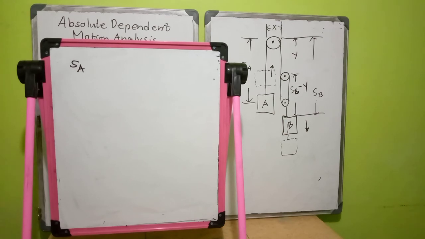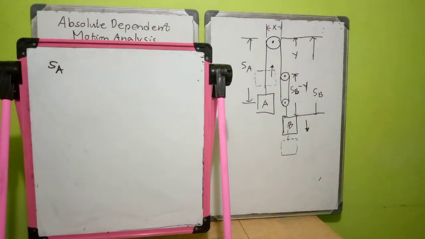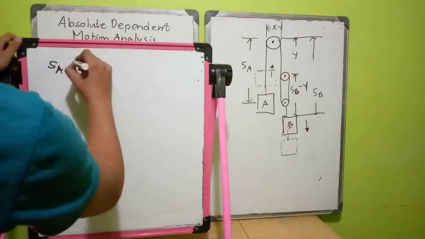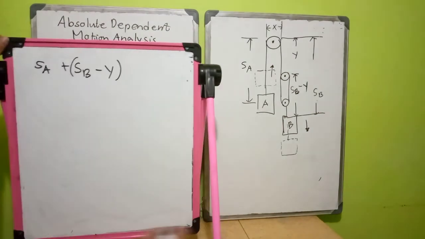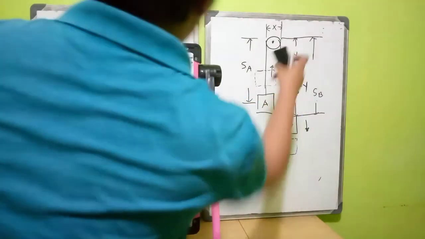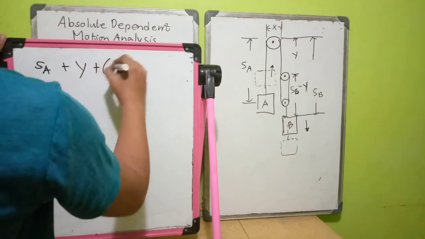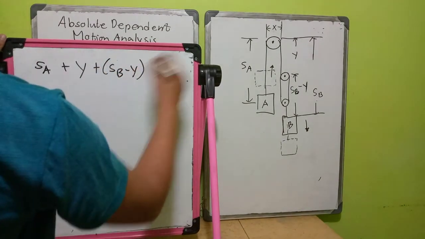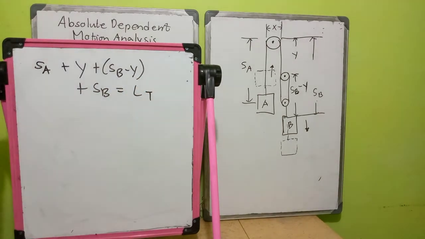From this figure, we have S sub A, plus Y, plus S sub B minus Y, plus S sub B, is equal to the total length.